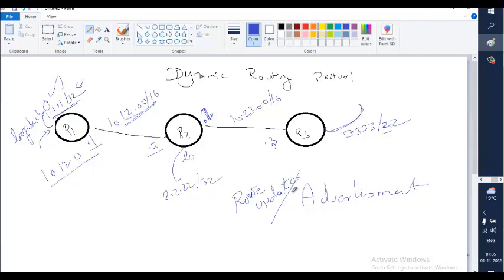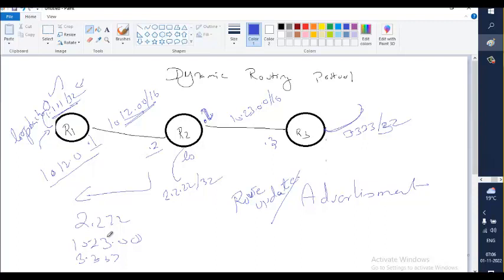You see, when router 2 advertises to router 1, it is not only advertising its own networks and 10.23. It will also advertise 3.3.3.3, which it learned. So the route updates are not only of that router, they also include those that are learned. Router 3 advertises, router 2 learns.